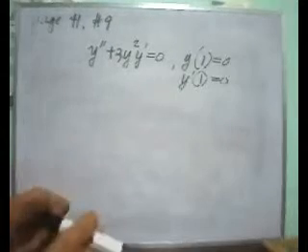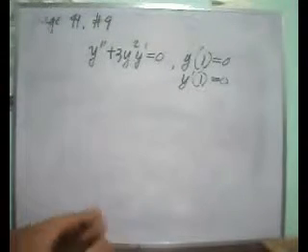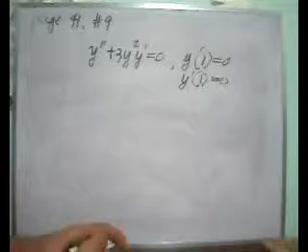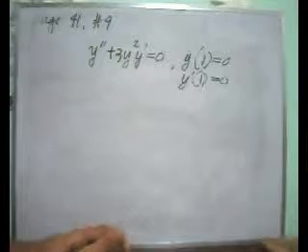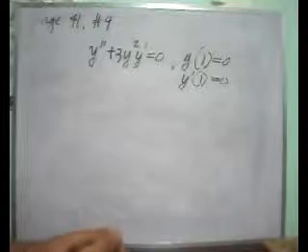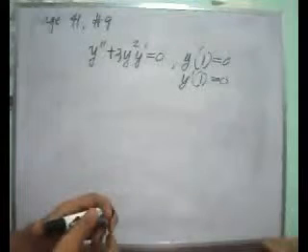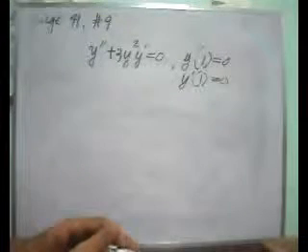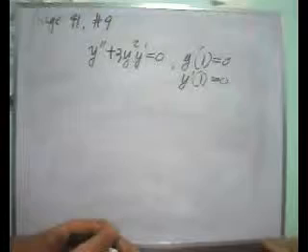Now this is a second order differential equation, which when applied with the appropriate substitution can be reduced to a first order and then can be treated as a separable one.